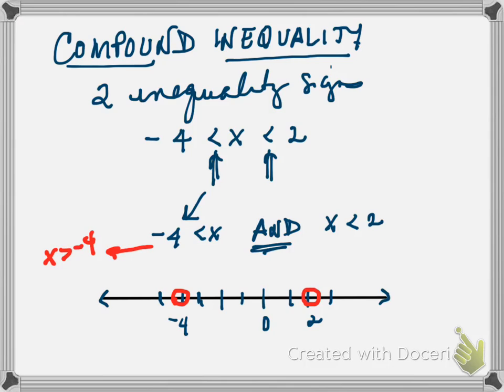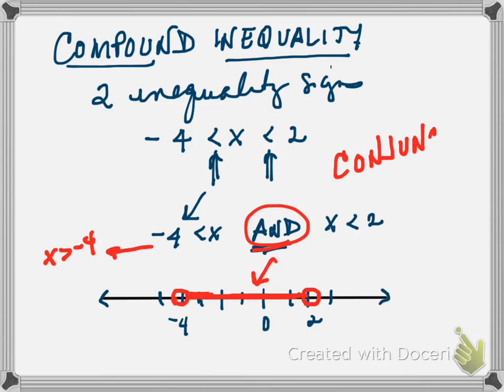When you see the word and, your graph is going to be caught in the middle because we have two constraints on x. We have that x has to be bigger than negative 4, but it can go no further than 2. So it is going to be caught in the middle. This is called a conjunction. And again, its special word is and.